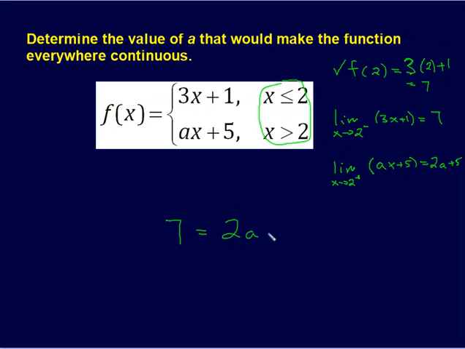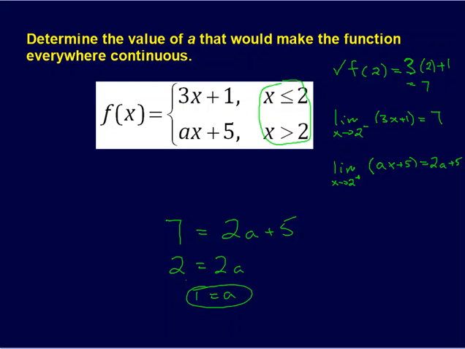So I have to solve this little equation that says the limit from the left side, 7, must equal the limit from the right, 2a plus 5. And I can now just solve that for a. It's a pretty quick one. I'll just subtract 5 and get 2 equals 2a. And then I can quickly divide by 2 and get a equals 1.